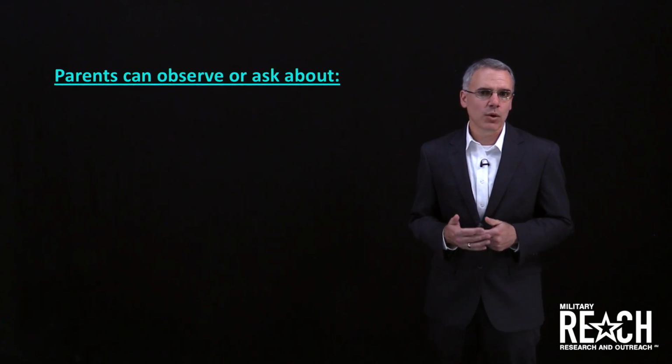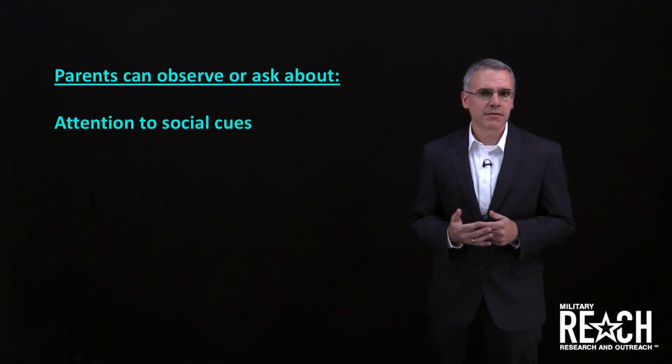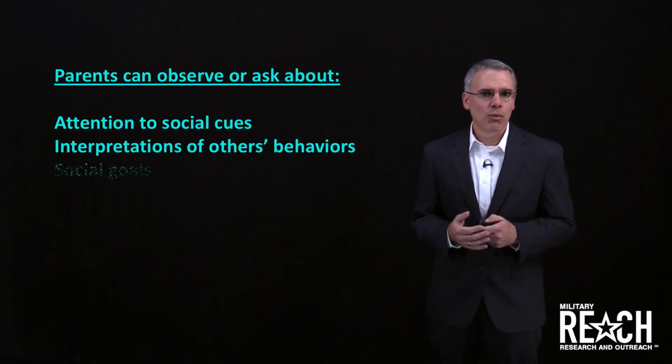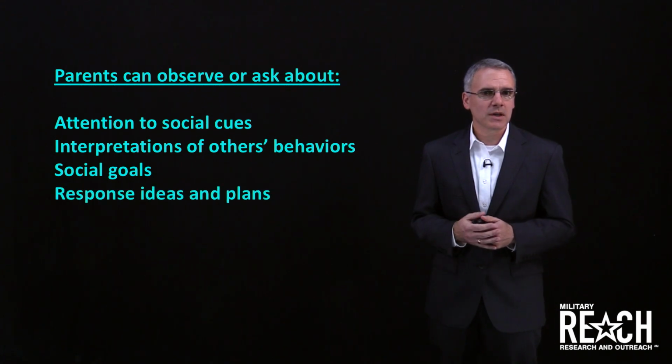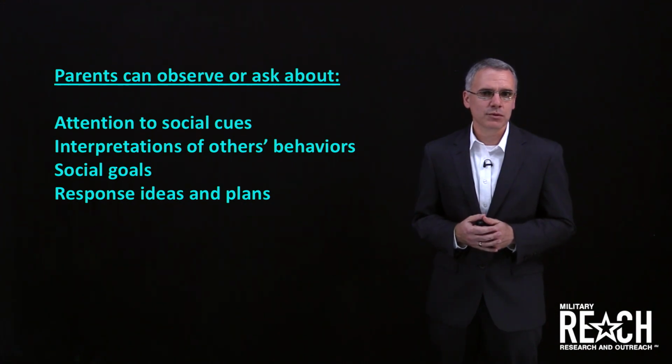Parents can observe or ask about whether their children seem to be aware of the important information in social situations, whether children interpret others' behaviors benignly or accurately, whether they have pro-social goals, whether they seem to think flexibly about a variety of responses to social challenges, and whether they choose and enact pro-social responses in ways that improve relationships.